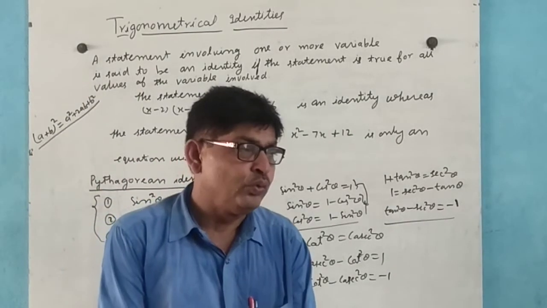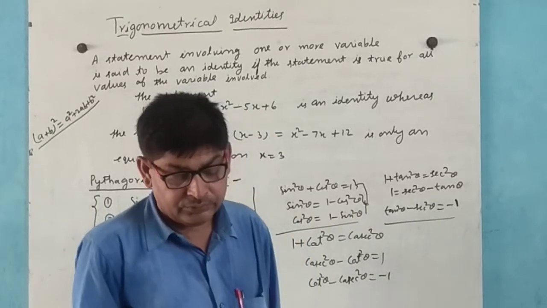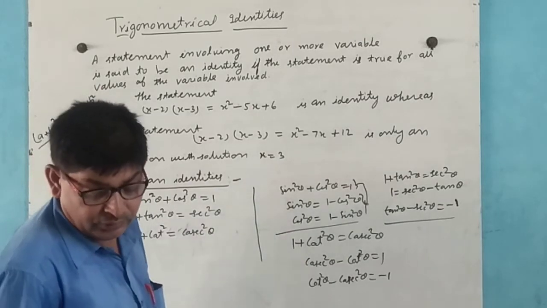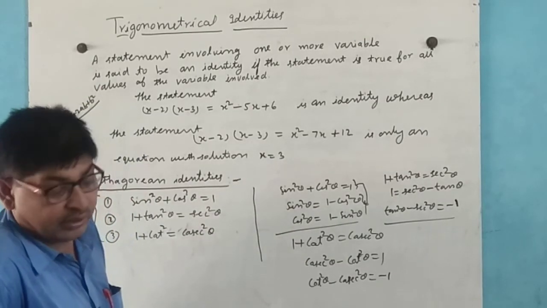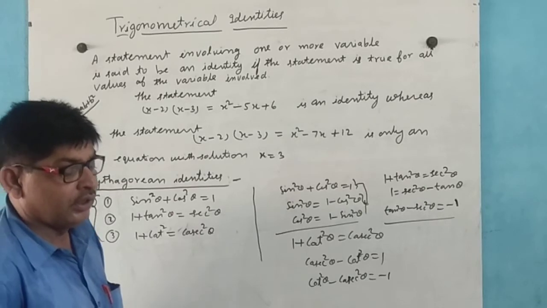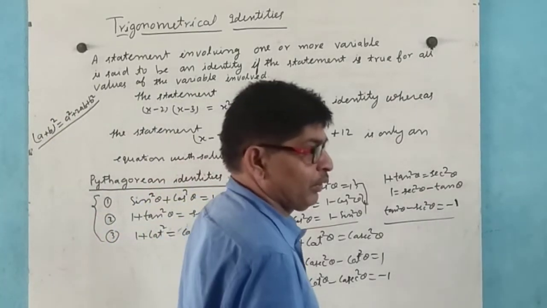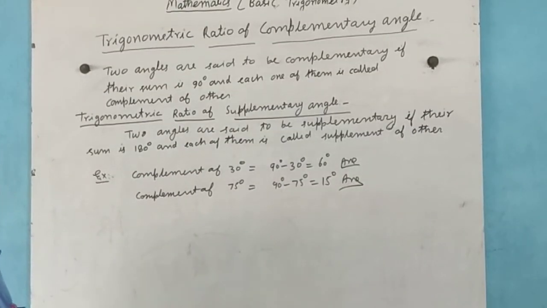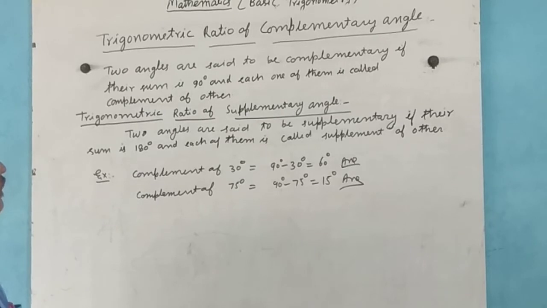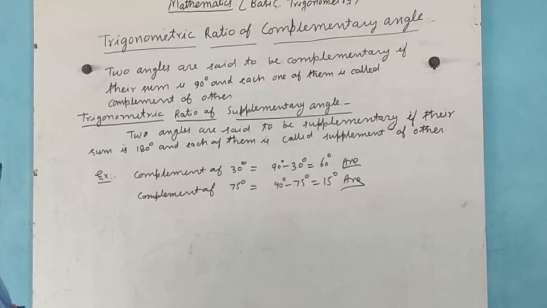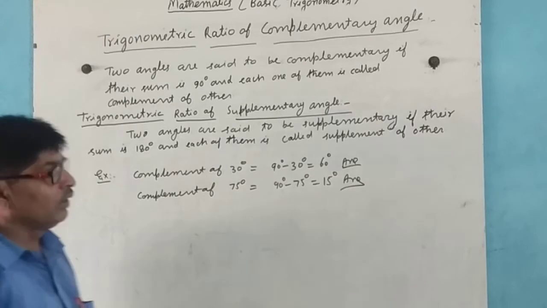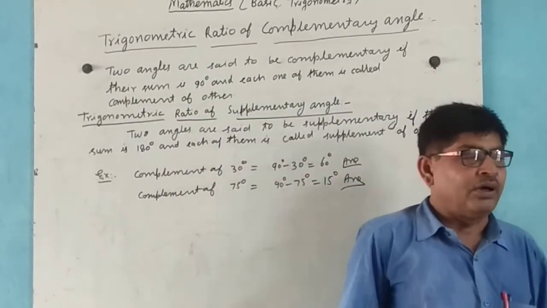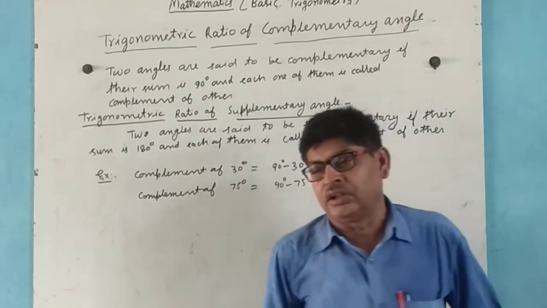Now we study the trigonometric ratios of complementary and supplementary angles. Two angles are said to be complementary if the sum of them is 90 degrees.